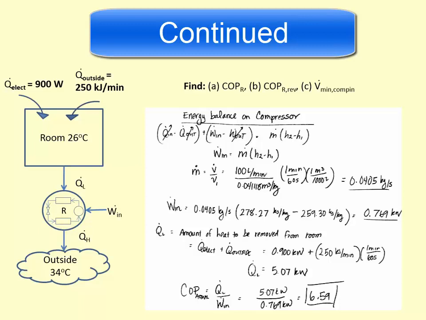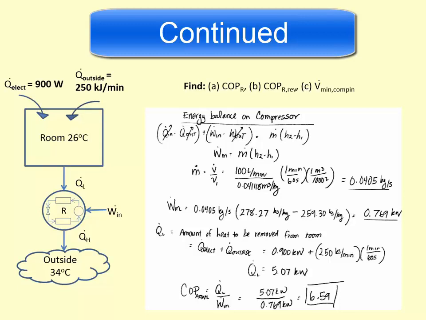Because we're trying to remove heat from the cold space to make it colder. So it's Q dot L over work dot in. We calculate our actual coefficient of performance is equal to 5.07 kilowatts divided by 0.769 kilowatts. So we get our coefficient of performance is equal to 6.59.